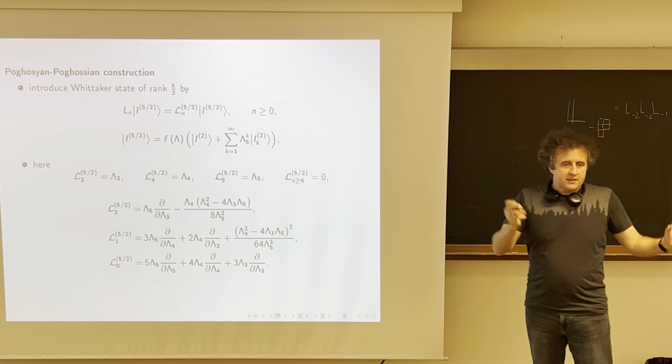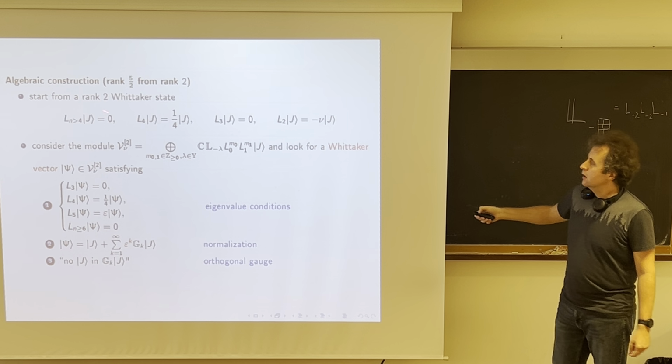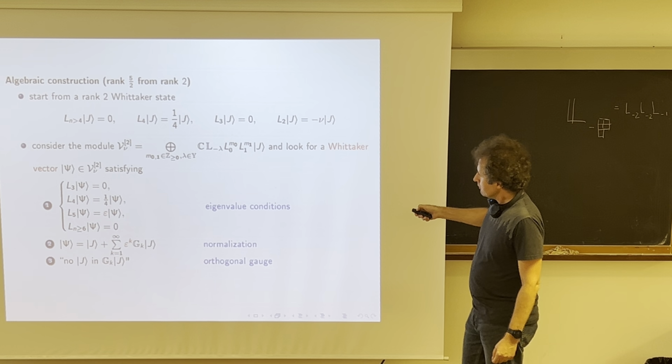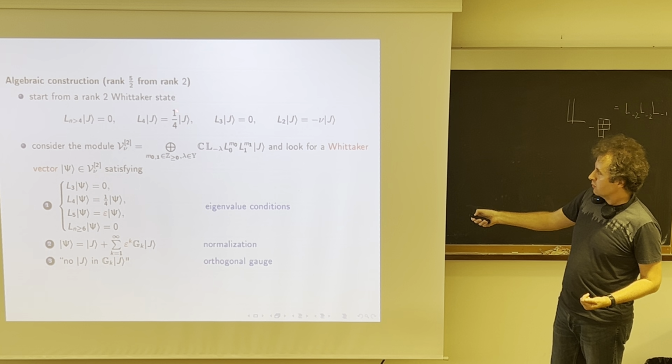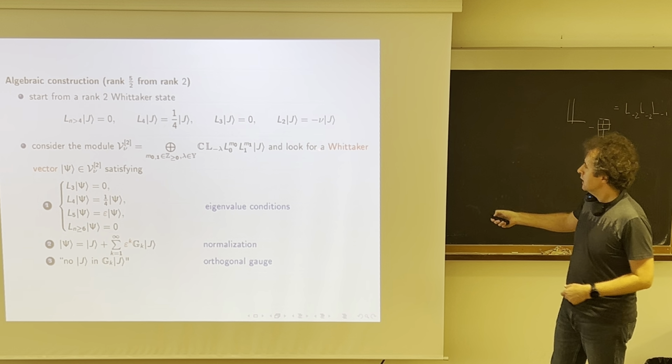Okay, so now what is the construction? We start from a rank 2 Whittaker state. Rank 2 means, once again, that you have some eigenvalues from L2 to L4. The eigenvalues I choose in this way: 1/4, 0, and minus nu, some parameter.